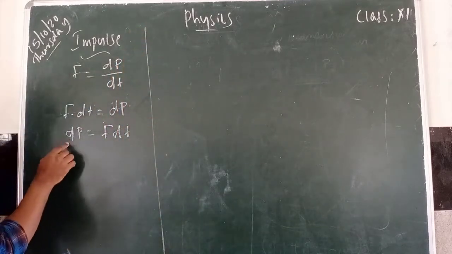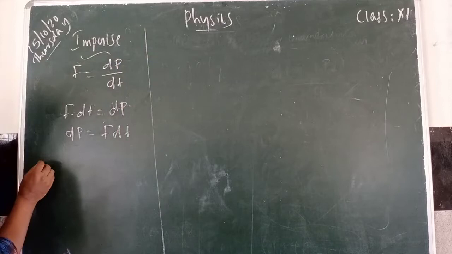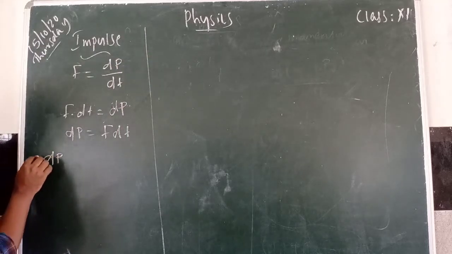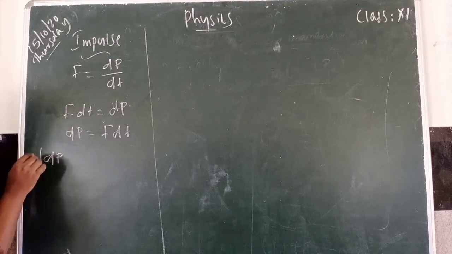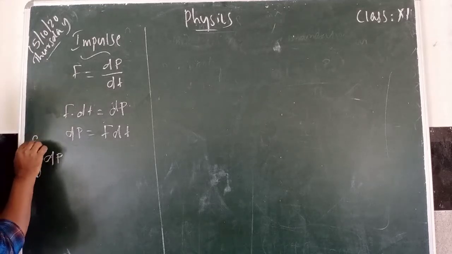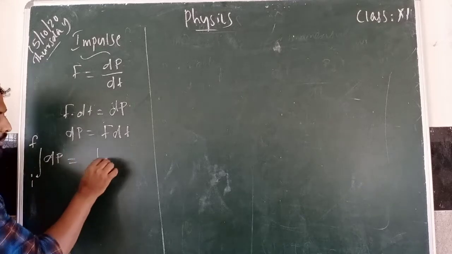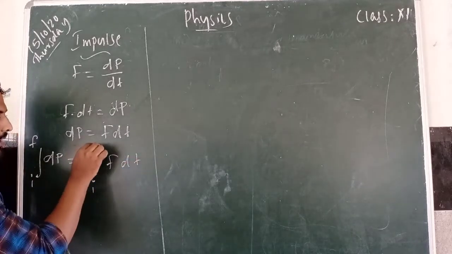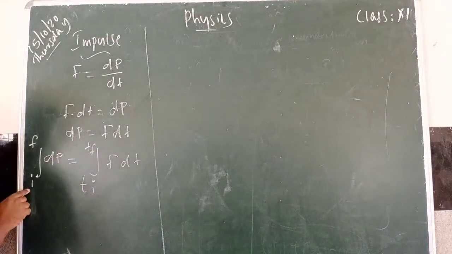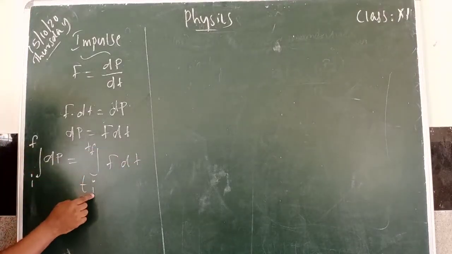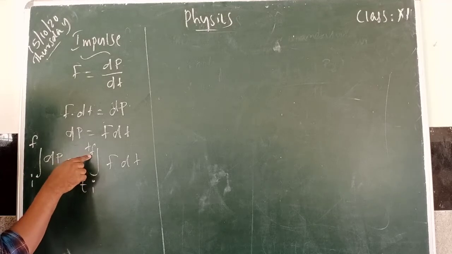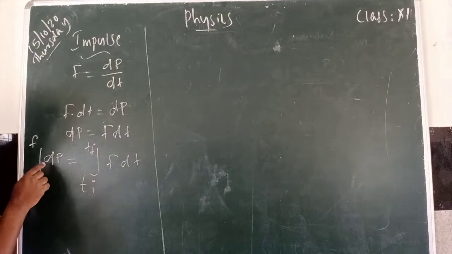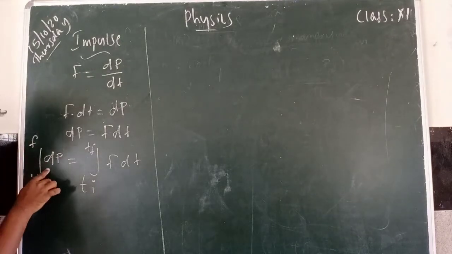Now integrate this equation over time. dP means momentum, from initial momentum to final momentum, and F dt from initial time Ti to final time Tf. Here i means initial and f means final. So dP means change in momentum.